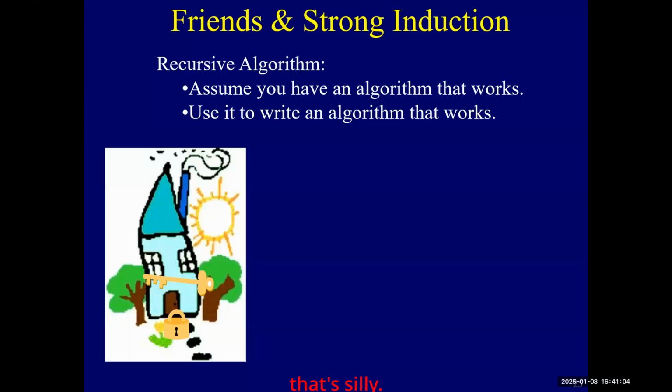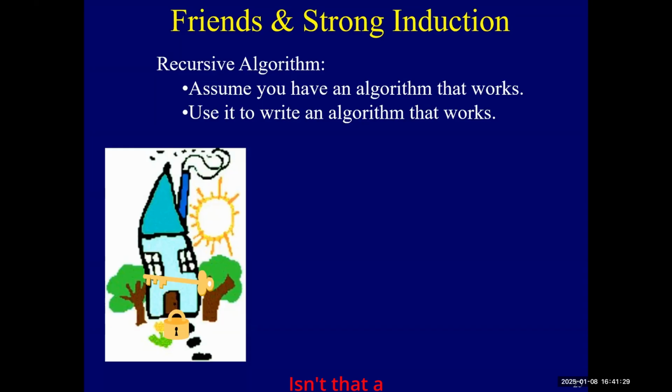You know that's silly. And I'll tell you the way I do run my life is if my key's locked in the house and I'm outside, I think, how can I get my key? Well, if I could get the door open, then I could go in and get the key, and then I could come out and I could open the door.